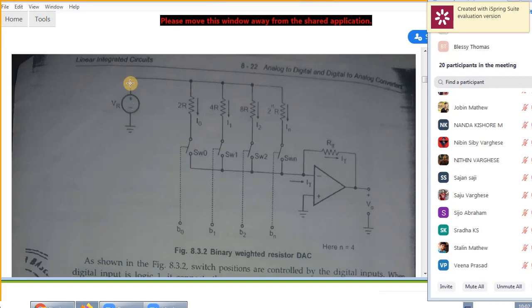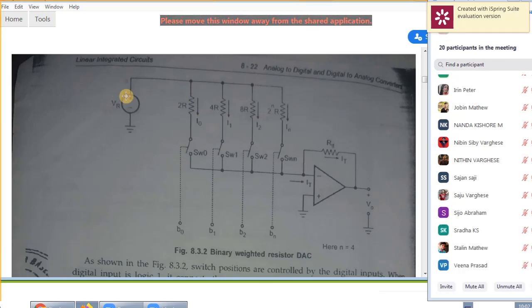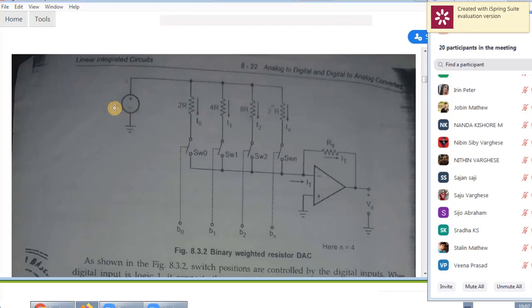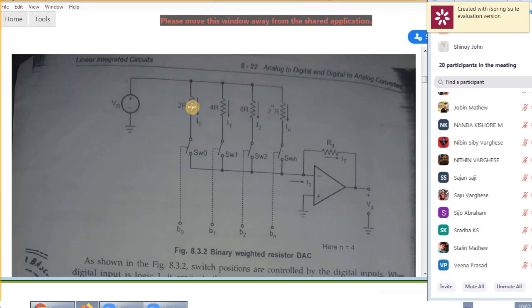The voltage across the resistor is VR and the resistor is 2R, so I0 is VR divided by 2R.